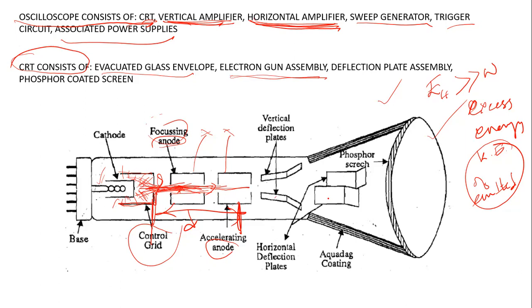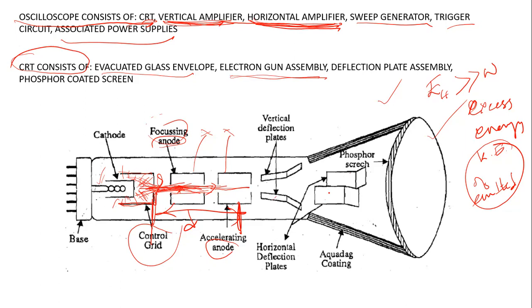Such a small electrical signal will be amplified through this vertical amplifier and horizontal amplifier, and such information from the detector will be supplied to the vertical deflection plates and the horizontal deflection plates. So they carry the information obtained from your detector.